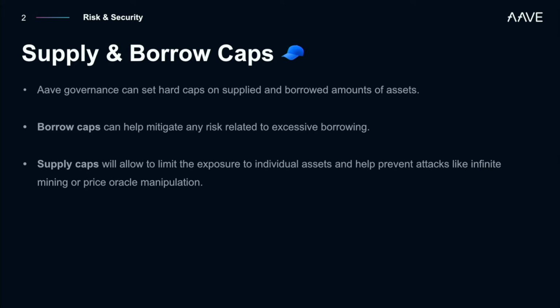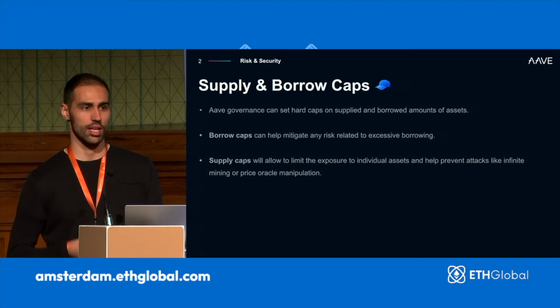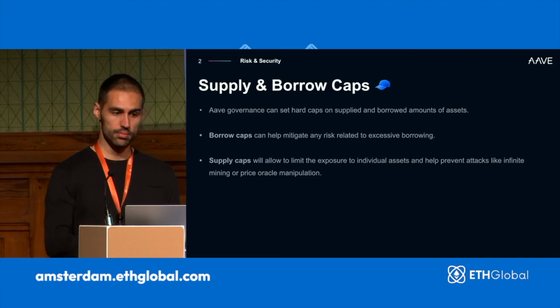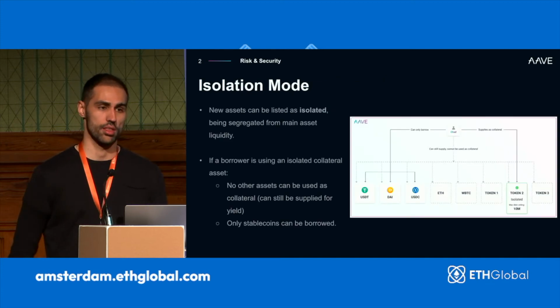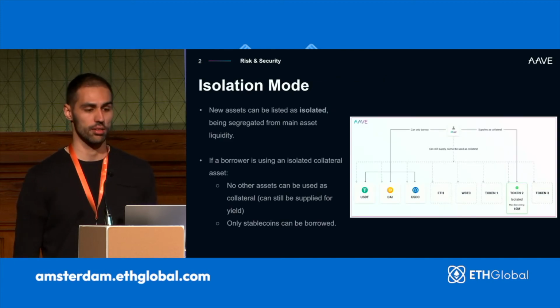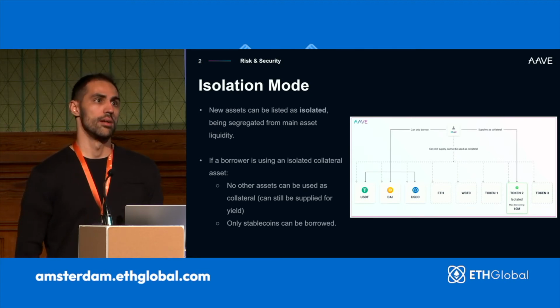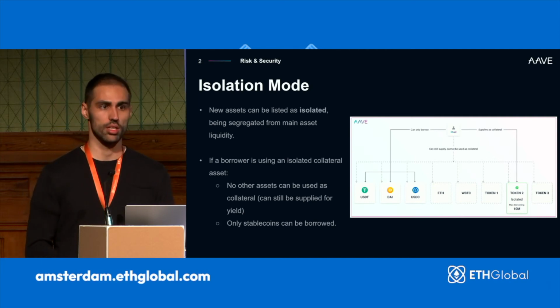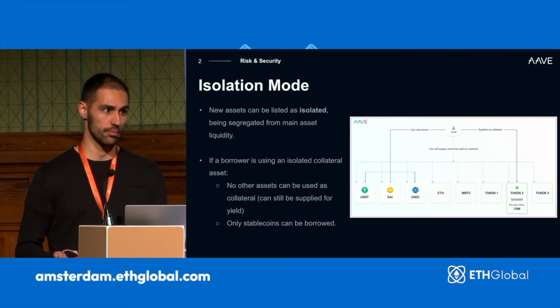In this way, the protocol can control and modulate the exposure to certain assets. Supply and borrow caps together with isolation mode is an interesting combination to modulate the exposure, as I said, but also to list assets in a more secure way.